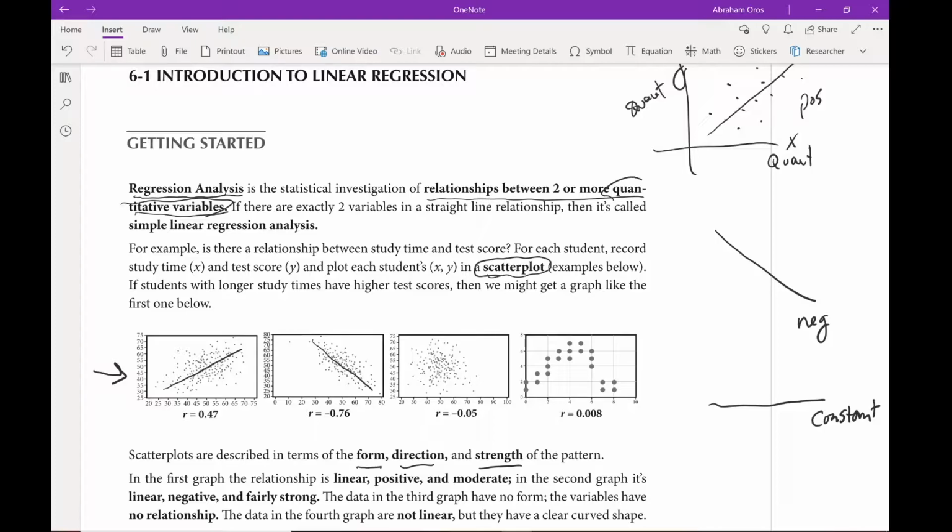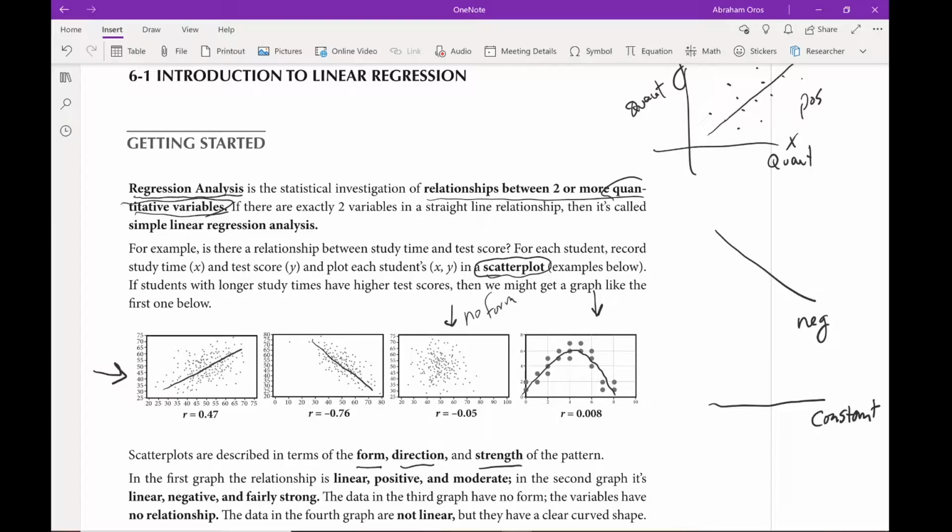The third graph is not linear at all. In fact, it has nothing to do with any form. I couldn't draw a line going in any particular direction that would make sense for that data, so this one has no form. The fourth one does have a form to it, but it's something like that, so it is not linear.